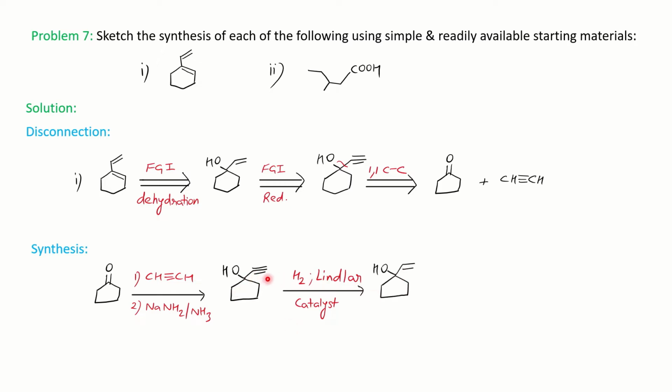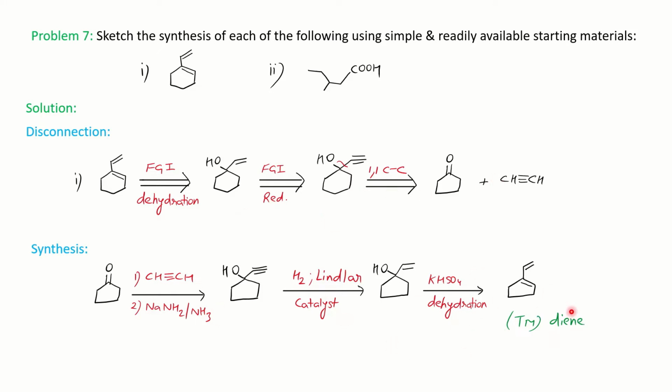The alkyne is reduced to the cis alkene, and after this you can have dehydration in the presence of KHSO4, which will release water and give you the diene. So this is how you can synthesize dienes with the help of dehydration, reduction and 1,1-CC disconnection approaches, and you can apply the reverse phenomena.